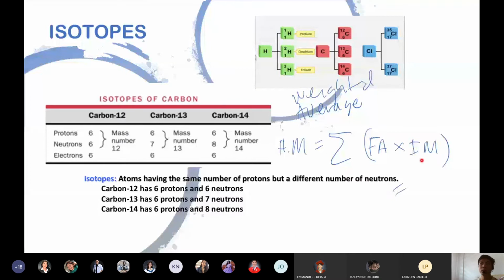So all you have to do is multiply these, and you add all the products from your given isotopes. Then you come up with a number that can be found in your periodic table. The reason why carbon is 12.011 in your periodic table is because iba kasi yung percentage nito sa dito at sa dito. So yun yung meaning natin dyan.